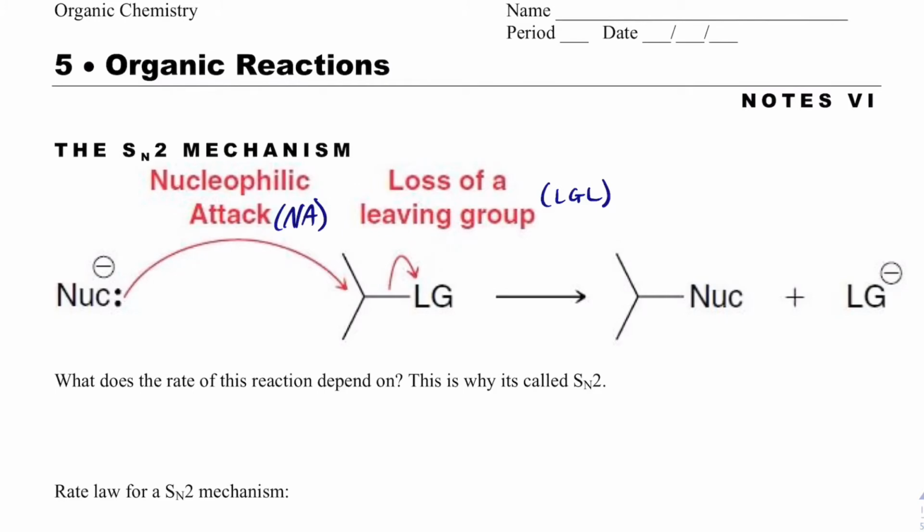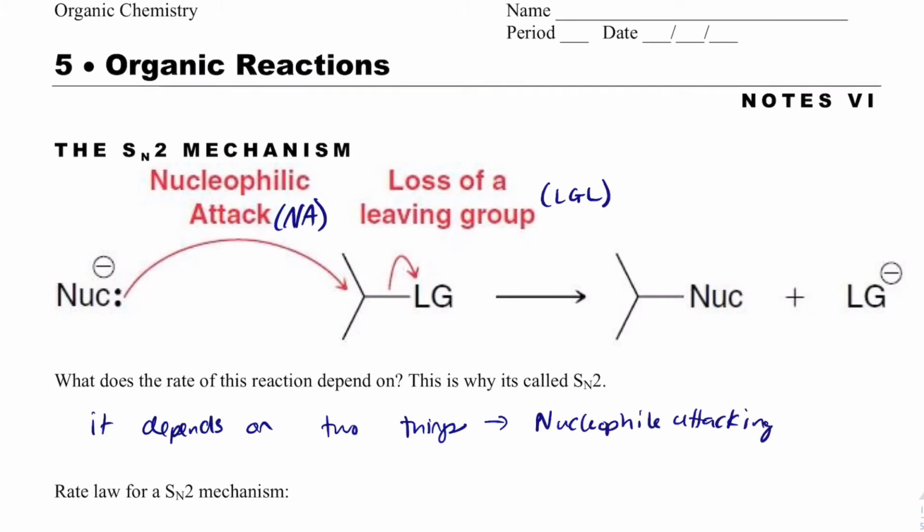So what does the rate of this reaction depend on? It depends on two things: nucleophilic attack, nucleophile attacking, and leaving group leaving, and these are going to happen simultaneously.